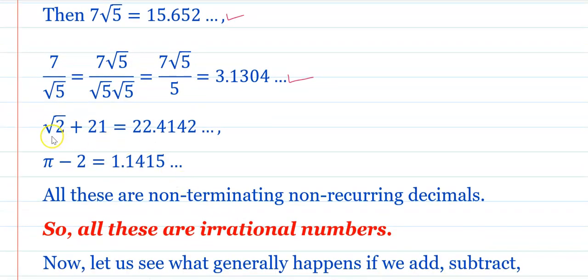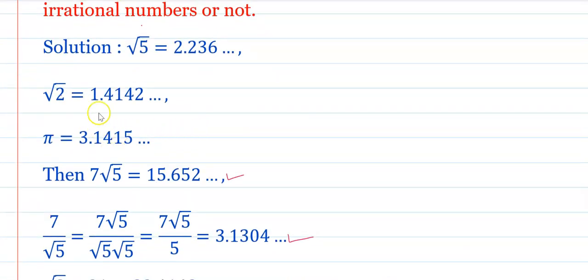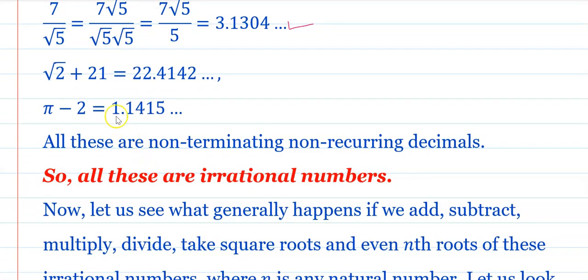Next, similarly, root 2 plus 21. Root 2 is 1.4142; adding 21 gives 22.4142, and the remaining part stays as it is. Therefore this number is also non-terminating and non-recurring.